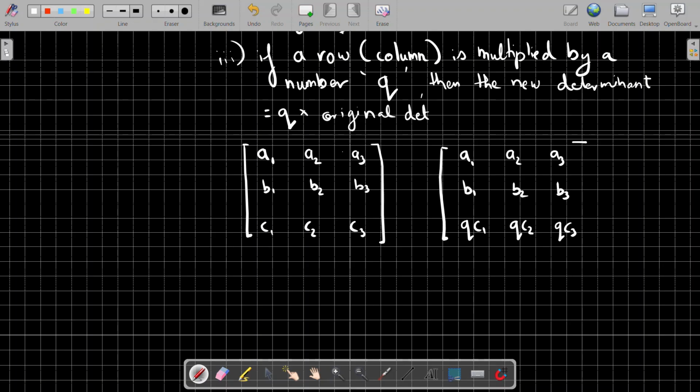Then if this has the determinant equal to some value, let's say 90, for example. I'm not calculating matrices right now, I'm just giving you a very rough example. Then in this case, the determinant of this matrix will be q times 90.